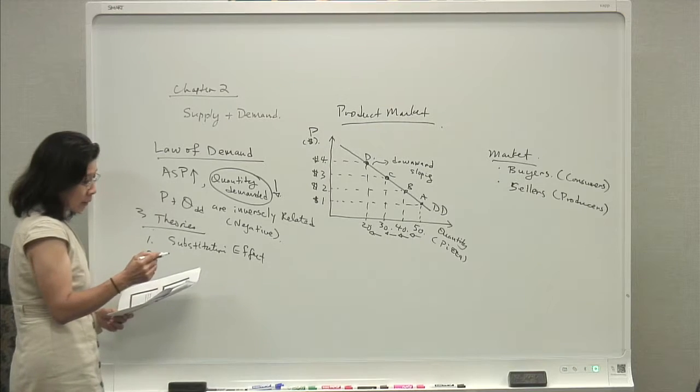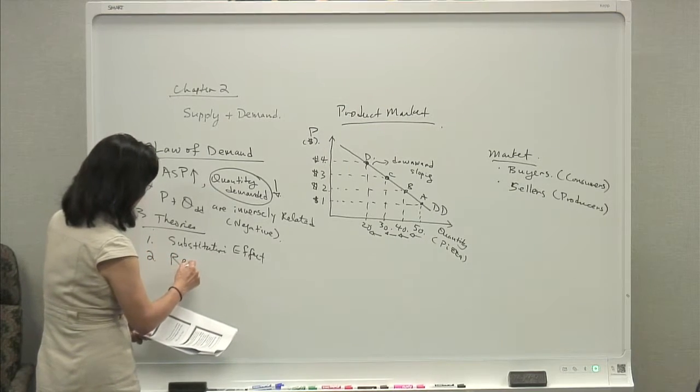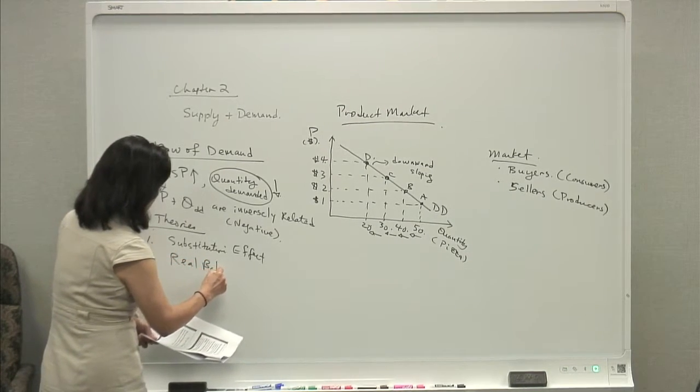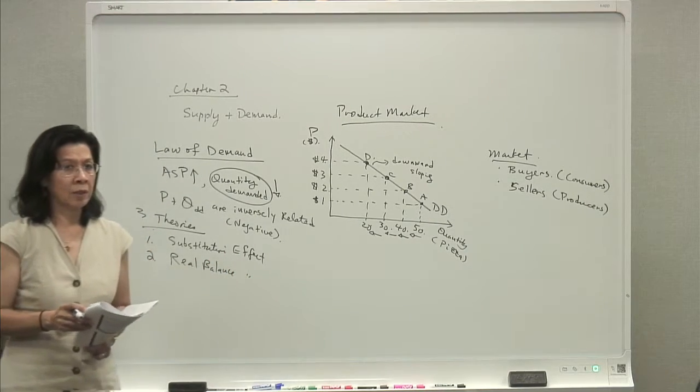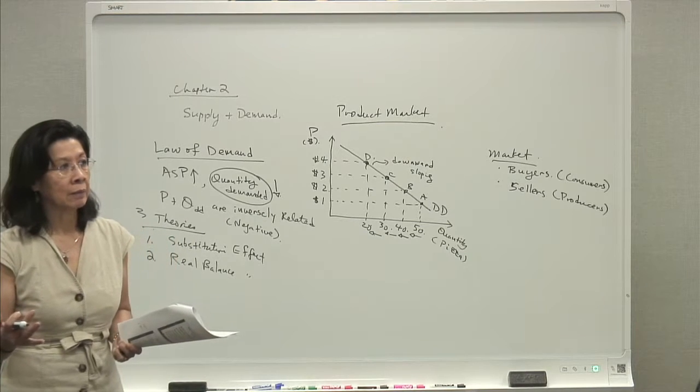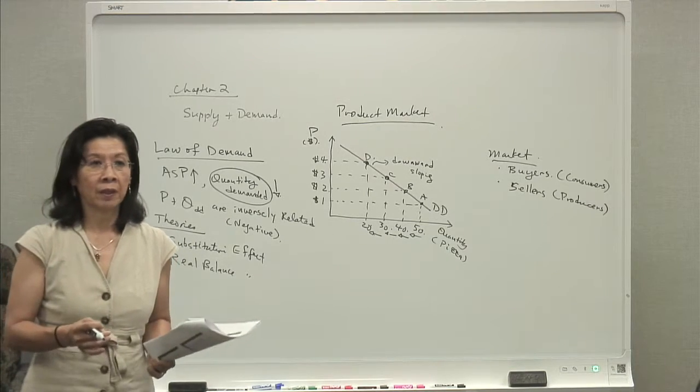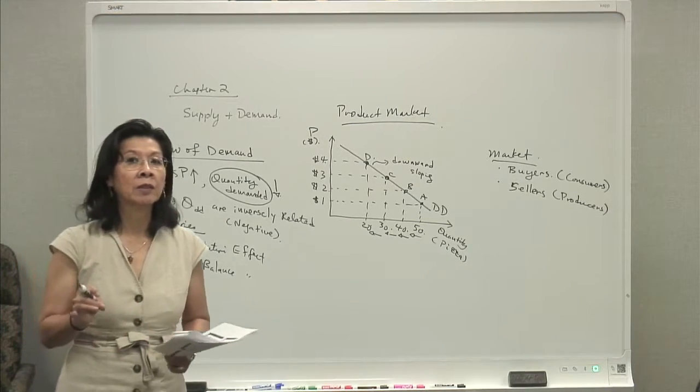The second one is the rebalance effect. The rebalance effect is basically the same thing as what we call the income effect. If you look at other textbooks, that's the term they would use.